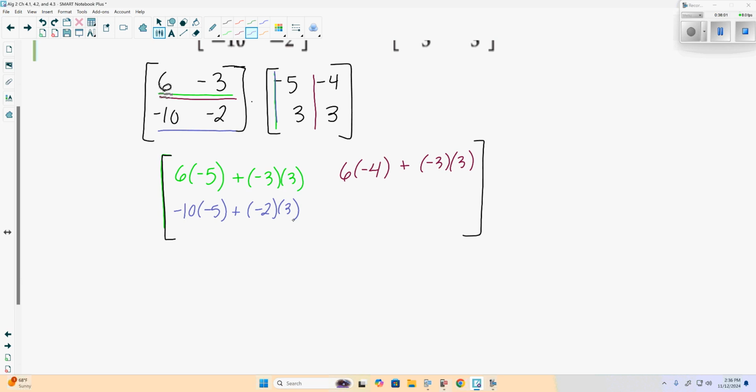Now the last one we have to do, over, down, negative 10 times negative 4 plus negative 2 times 3.